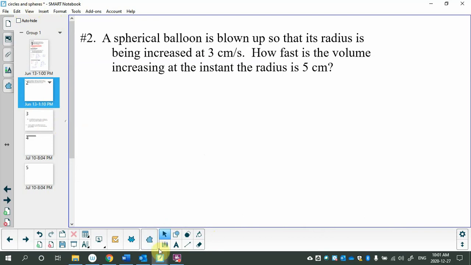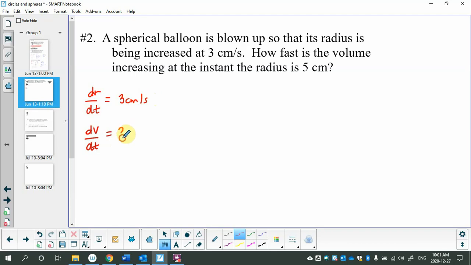So let me generate my little list based on the words. It says a spherical balloon is blown up so that its radius is being increased at 3 centimeters per second. So that is dr by dt, radius. It's increasing, so I don't need any negative signs. How fast is the volume increasing?